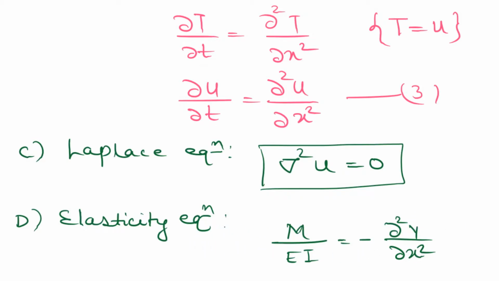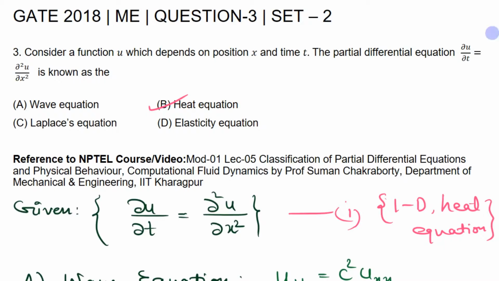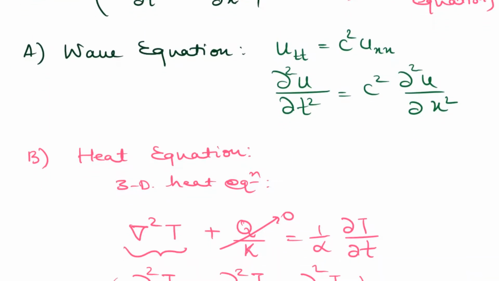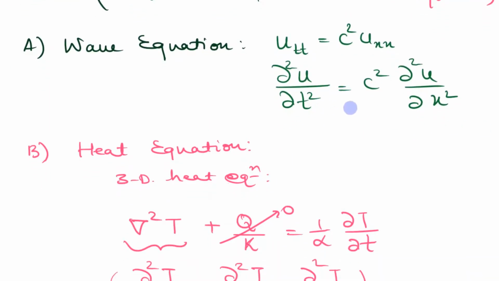Okay, so from here we have already concluded that this equation is a heat equation, and from the classification of differential equations we can also say so. The wave equation can be classified in partial differential equations as a hyperbolic equation.